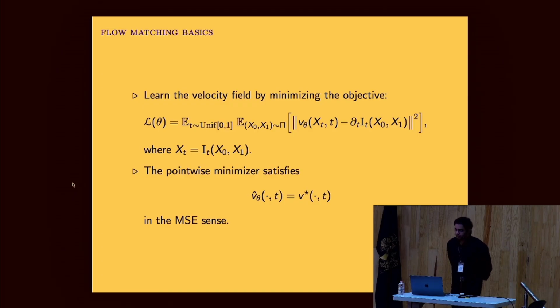And one can show that the minimizer of this objective function satisfies this condition in a pointwise sense, right? So v star is always the true object, and v hat is the learned object, right? I denote the v hat here also as the minimizer in the population setup as well.